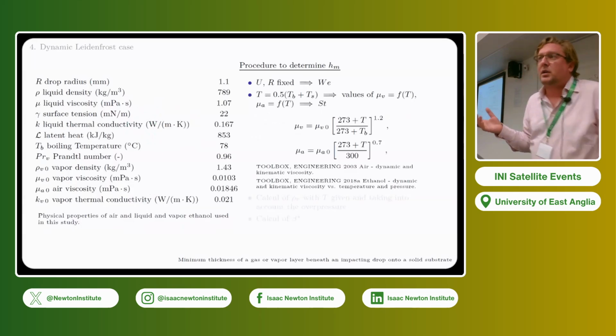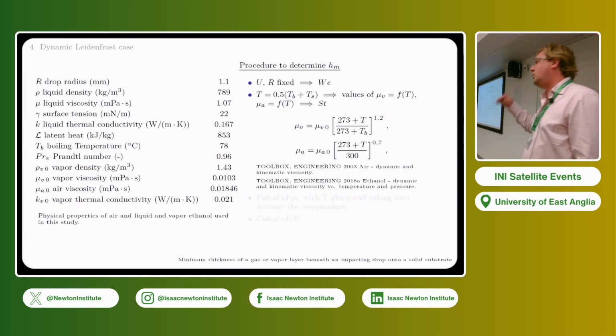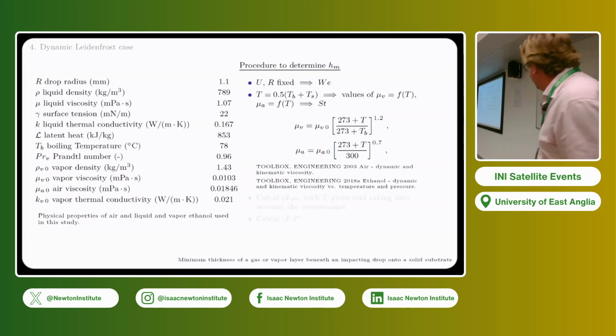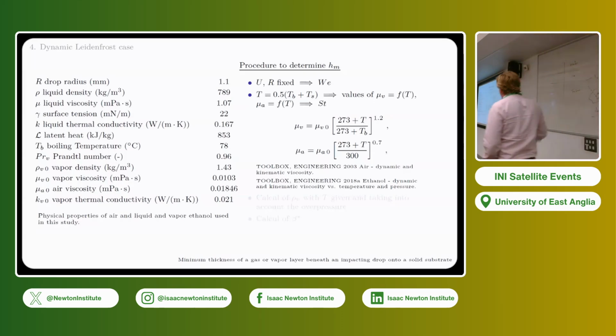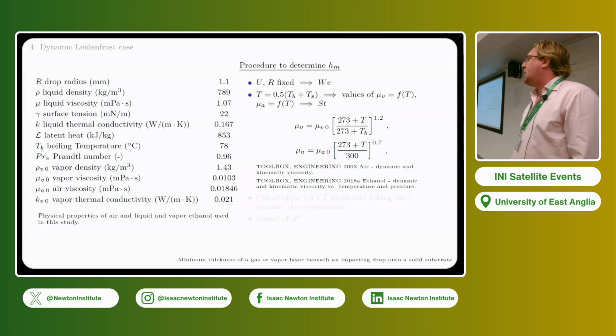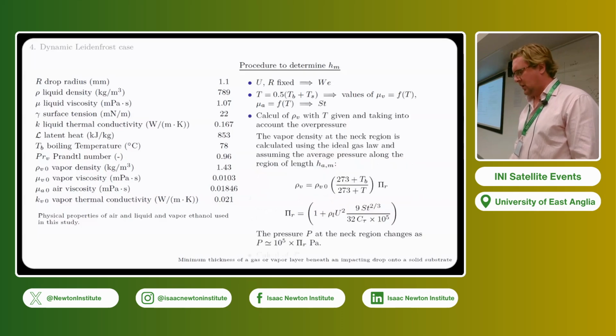We take the average temperature between the solid and the boiling temperature of the liquid, which in this case, in the table, is 778 for ethanol. So with this temperature, we calculate the viscosity of the vapor of ethanol and the viscosity of the air at that temperature.